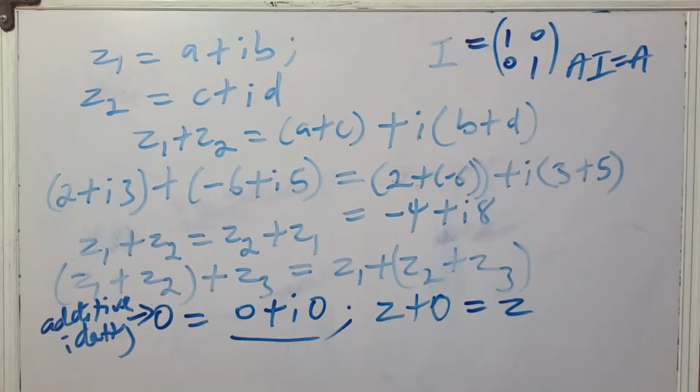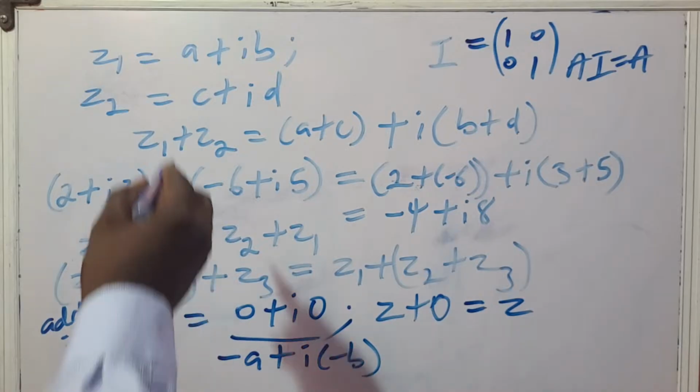And then the last but not the least is what we call an additive inverse. In the case of additive inverse under complex number, we have minus a plus i minus b.